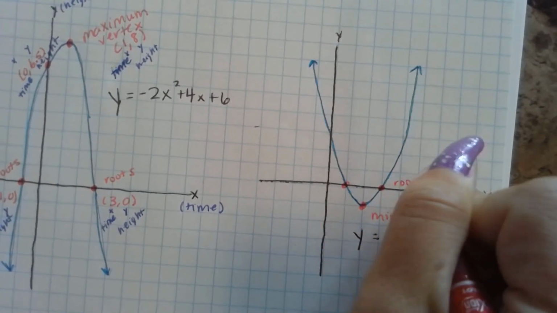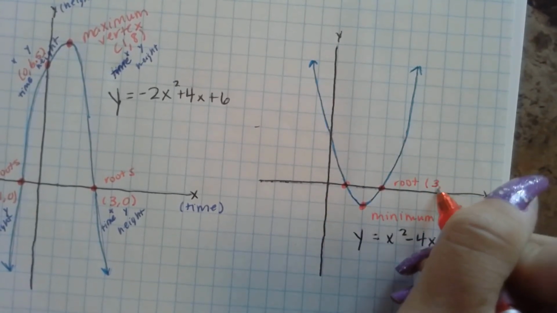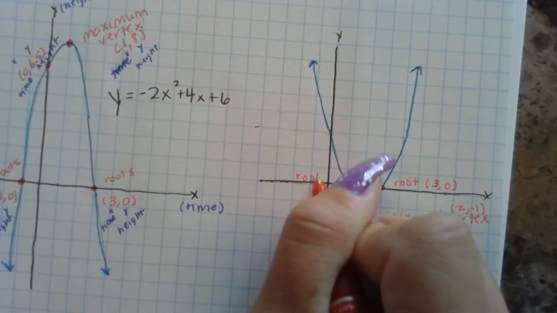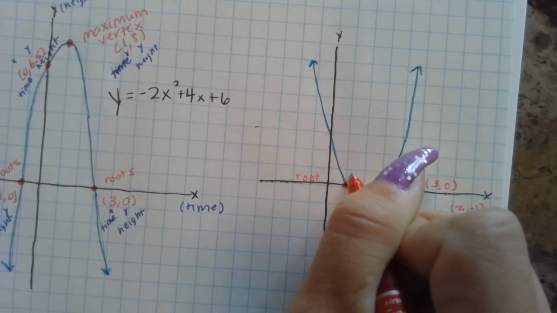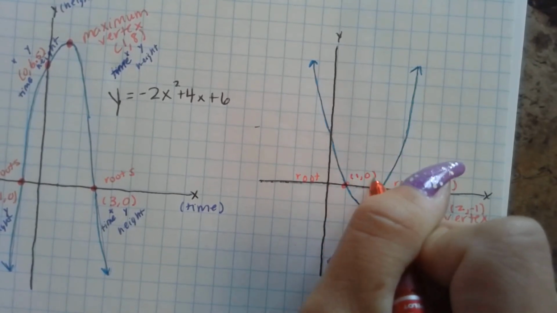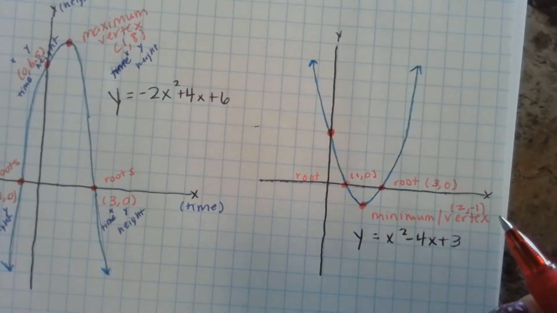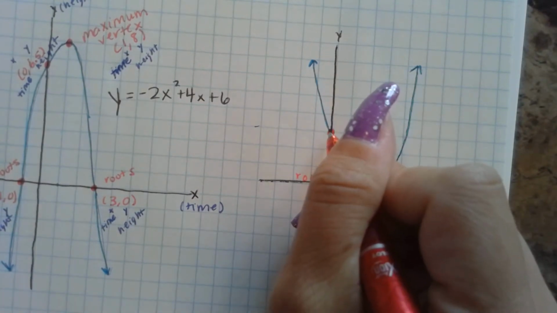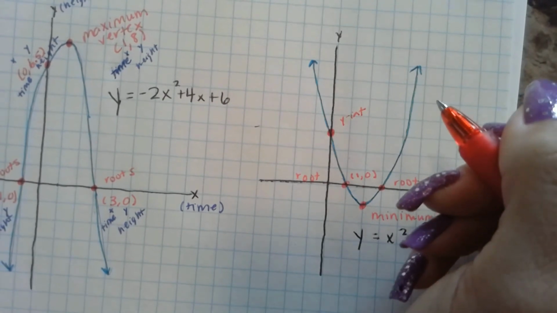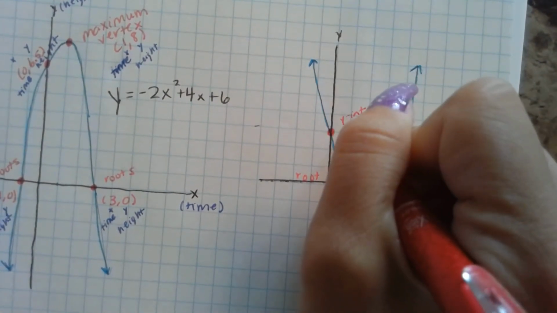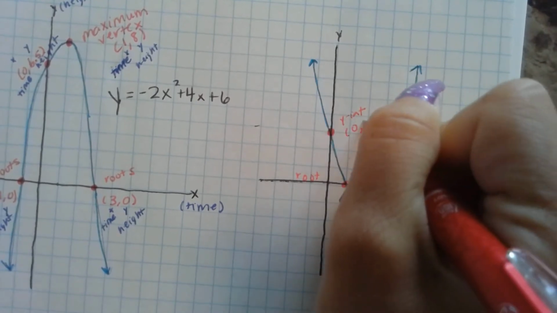This root is 3, comma 0, and this root is 1, comma 0. Then we have our y-intercept, your starting point, your initial point where you begin, and this is going to be 0, 1, 2, 3.